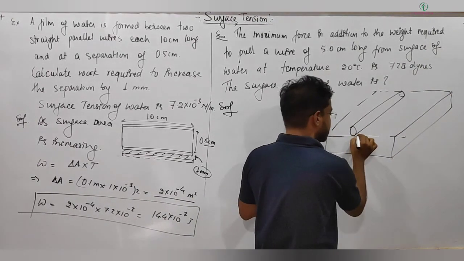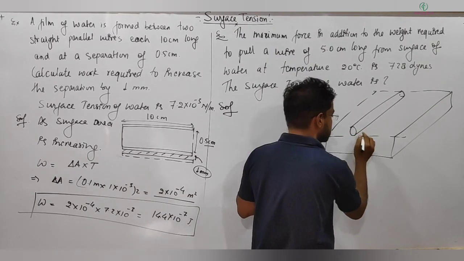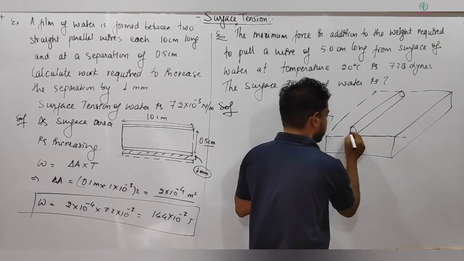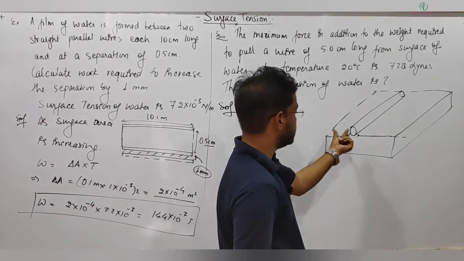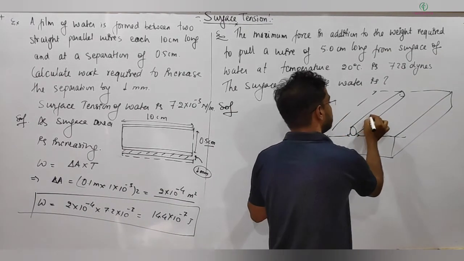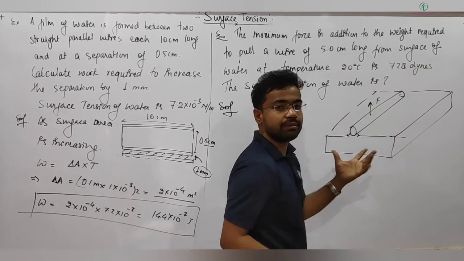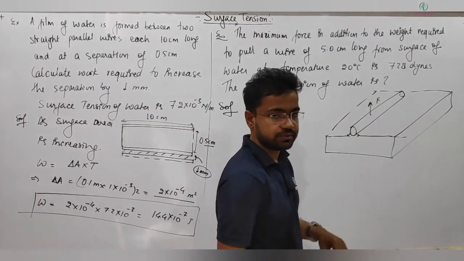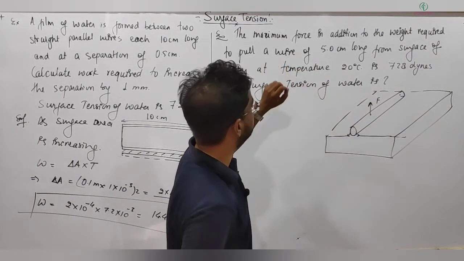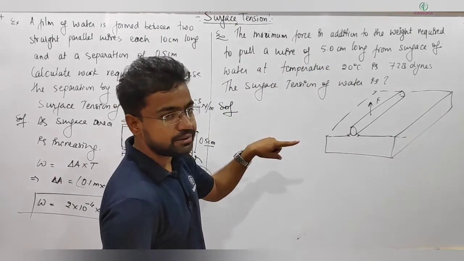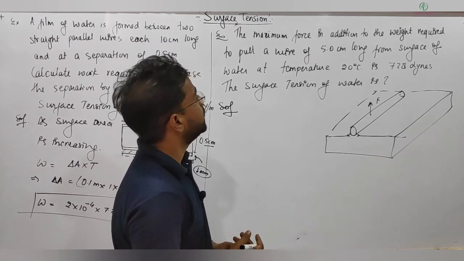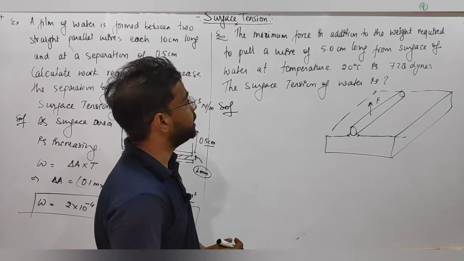Here you must be understanding now that in this situation the water surface will be like this, so on the right side and left side, basically two, and we need to pull this with some force, and that will be weight plus surface tension force. So it is saying in the question clearly the minimum force in addition to the weight.